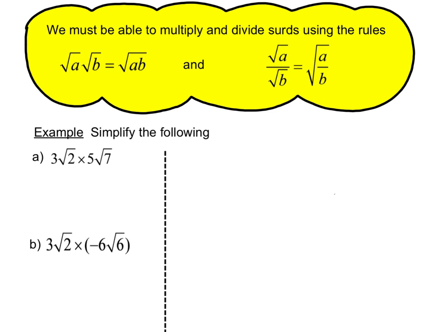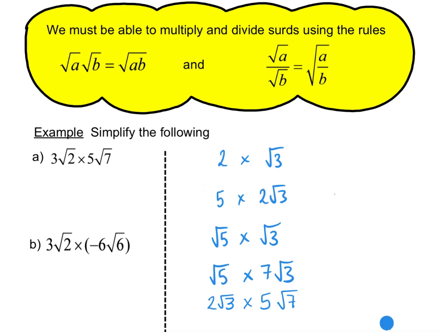Before we start this, we're going to have a look over here at some examples. To start off, we're going to separate the rational part of the problem, or rational number, from the surd part. I'm going to highlight these in different colours to make it easier to see what's going on. Anything that's just a normal number is rational, and the surd parts, the roots, I'll highlight in green.